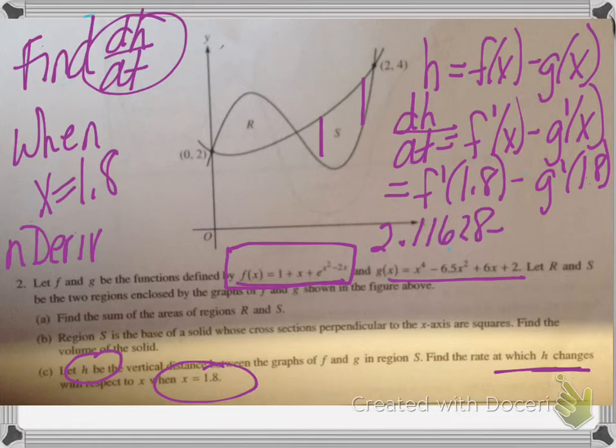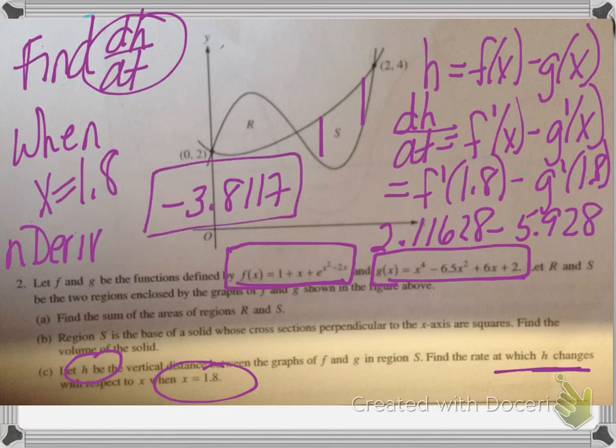Then you can do the same thing for g. Put it in your calculator, math 8, put in 1.8, and you will get 5.928. Then you subtract those.